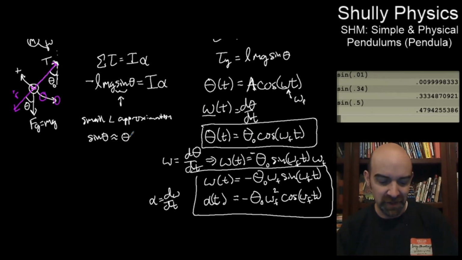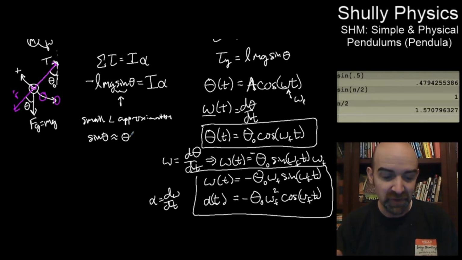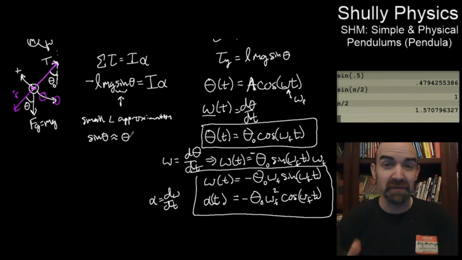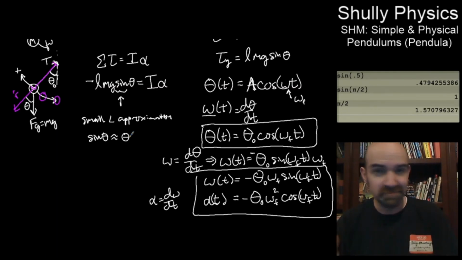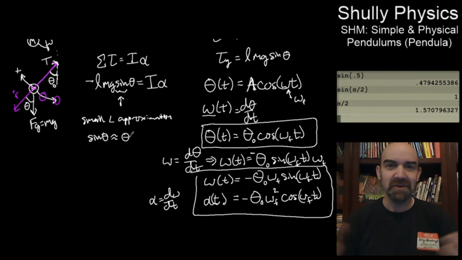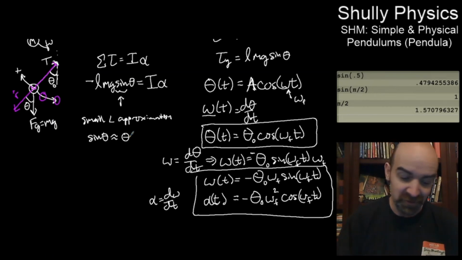If we go up to a high angle, let's say sine of pi over 2, 90 degrees, that's 1. Now pi over 2, just to get an idea here, is 1.57. So sine of 1.57 is 1. That's a big difference. They're close, but on an angle scale, they're very different numbers.